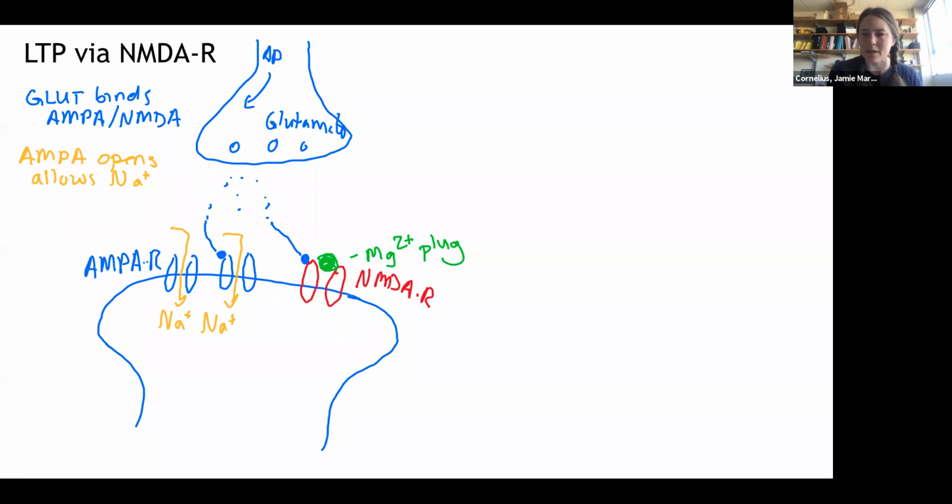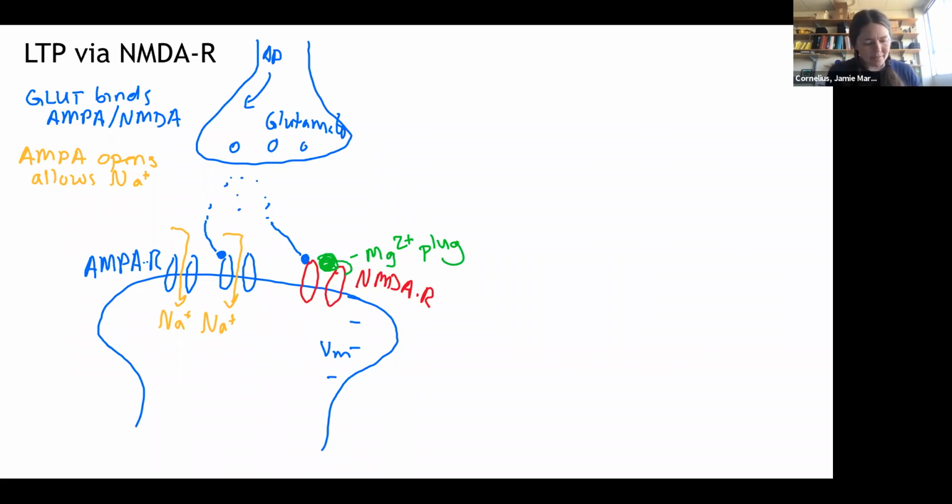The NMDA receptor I mentioned has both a ligand gate, that requires binding of glutamate, which it has right now, but it also is essentially voltage gated, and it's voltage gated because this big magnesium ion sits inside the channel. And the cell, which is normally negatively charged at rest, the Vm is negative, and so it attracts that magnesium plug, and the magnesium plug doesn't get ejected. It's on a little tether here.